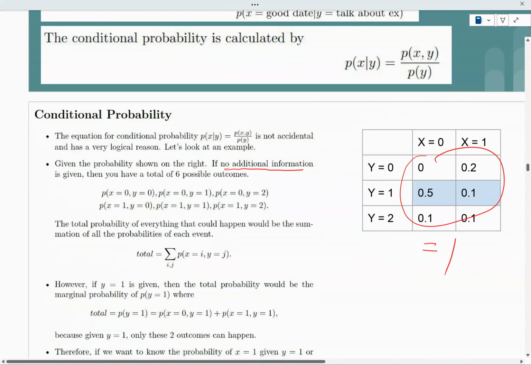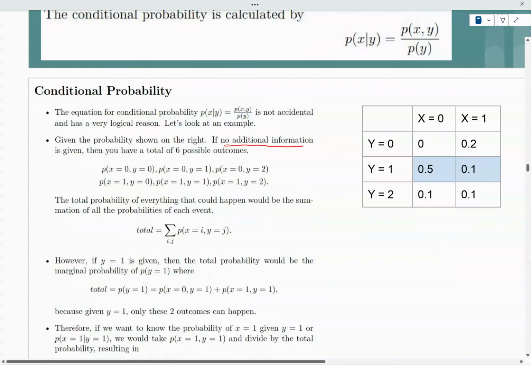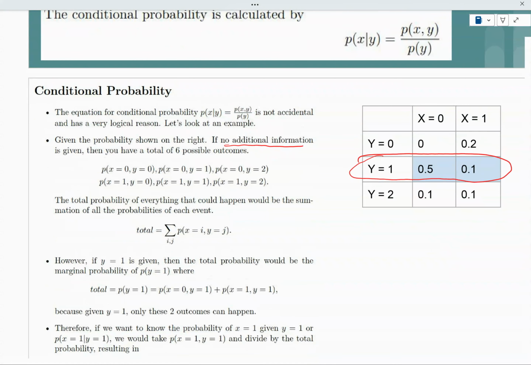However, let's say some information is given, such as we know ahead of time that y equals 1. If y equals 1 is given, then the total probability of likely events that could happen just changed.